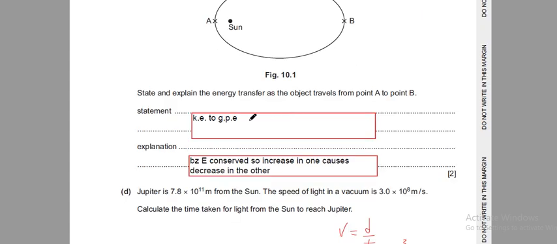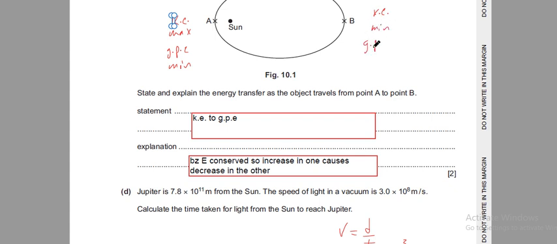Its kinetic energy is maximum at A, and it converts to gravitational potential energy, which is maximum at B. So kinetic energy here is maximum and potential energy is minimum, but the situation is reversed on the other side.